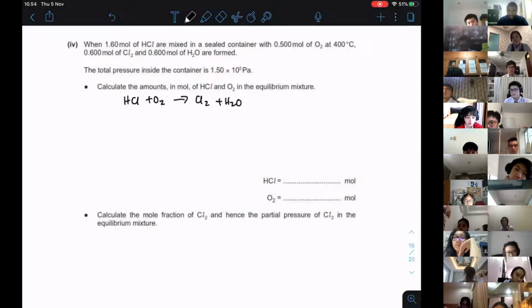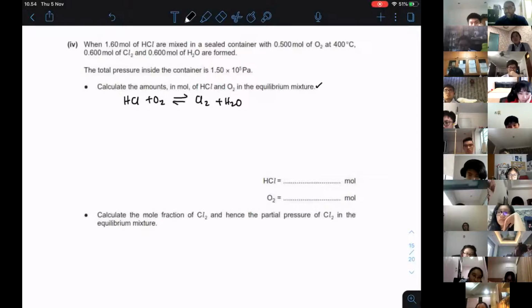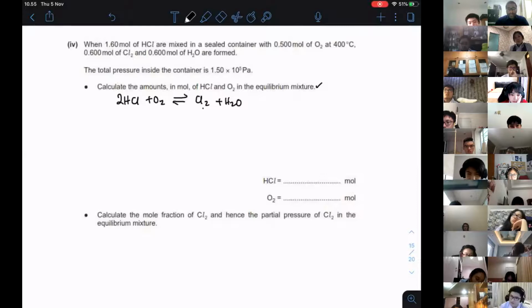Okay, and then I do not know whether it's equilibrium or not, but the moment I see this question, equilibrium mixture, I know for sure I need to change the arrow to become like this. And then the next thing that I need to do is to balance the equation. So how do I balance the equation? 2 Cl, I put 2 there. And then oxygen, okay, there's only 1 here. So I put half.